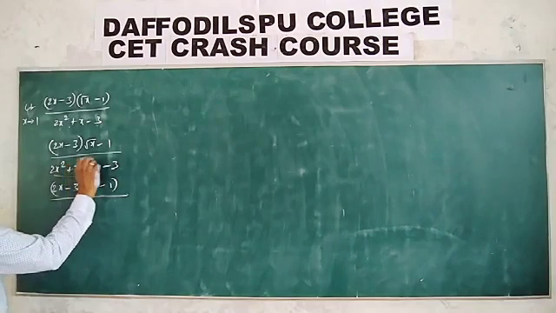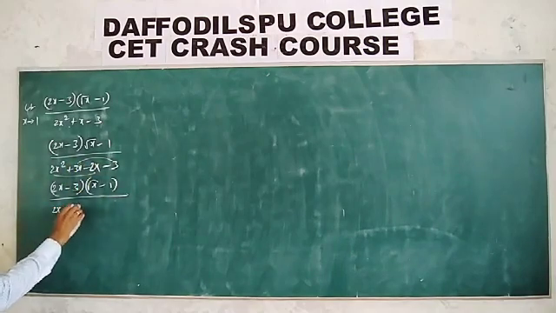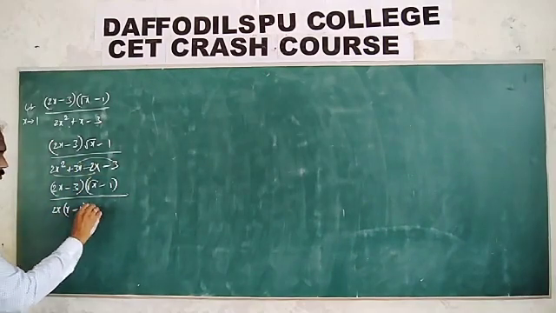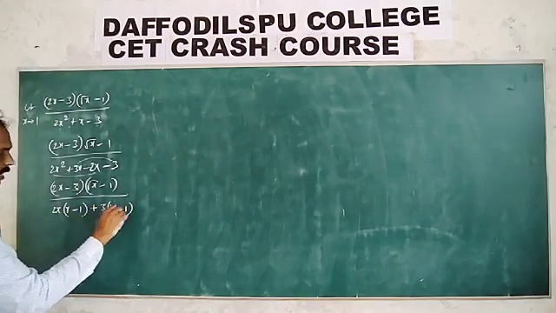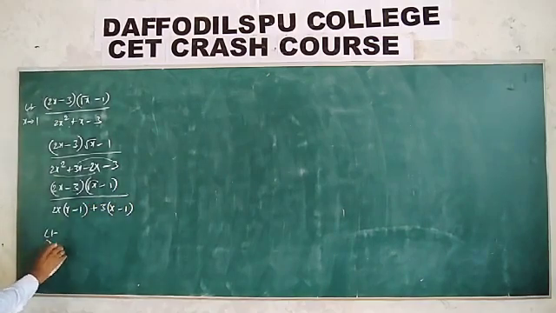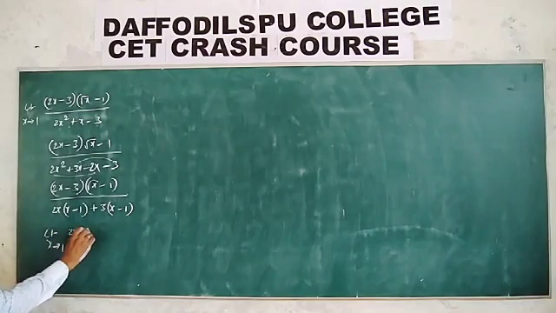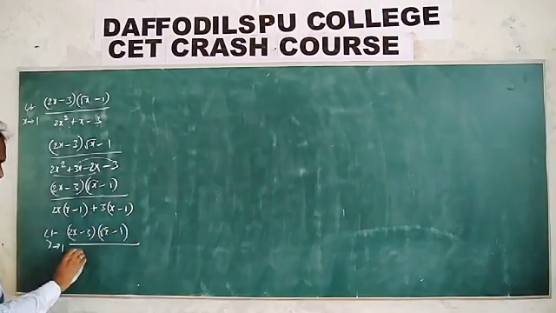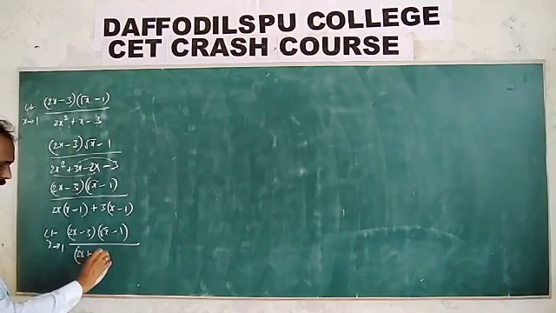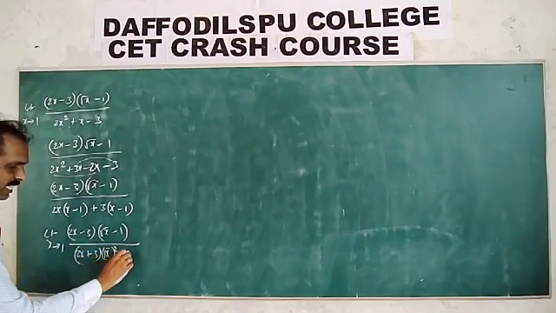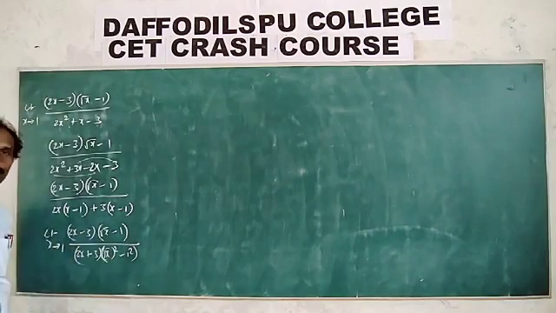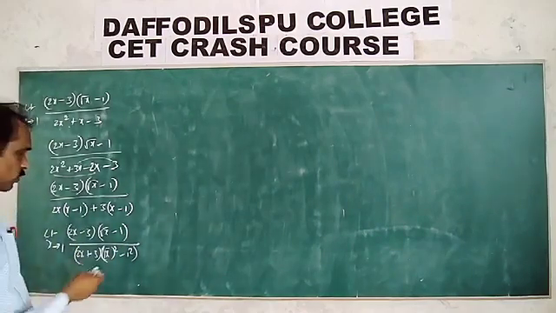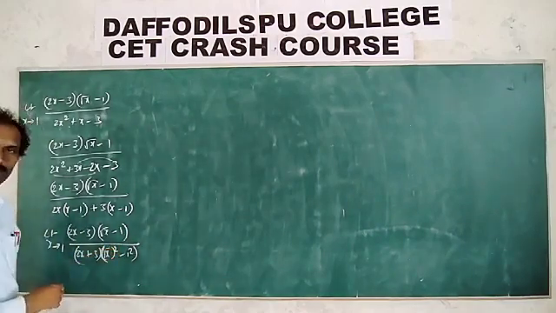So these two and these two: 2x comma x minus 1 plus 3 comma x minus 1, limit x tends to 1, 2x minus 3 root x minus 1. So this is equal to 2x plus 3, and this can be written like this one. X minus 1 can be written as root x whole square minus 1 square, no problem. Root 2 square cancel means x only.